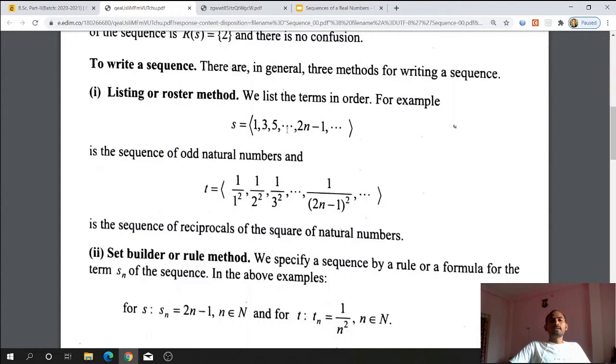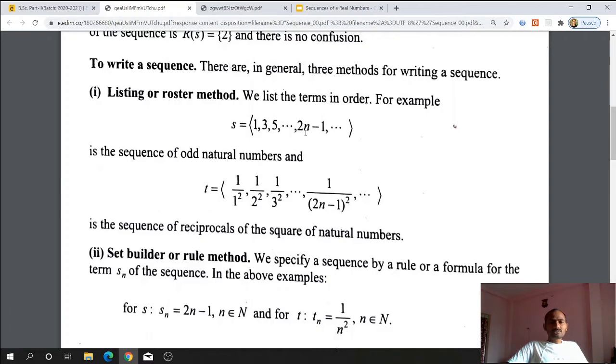For example, let S be equal to ⟨1, 3, and so on, 2n minus 1, and so on⟩. This is one sequence, and this form or method to write a sequence is called the listing method or roster method.